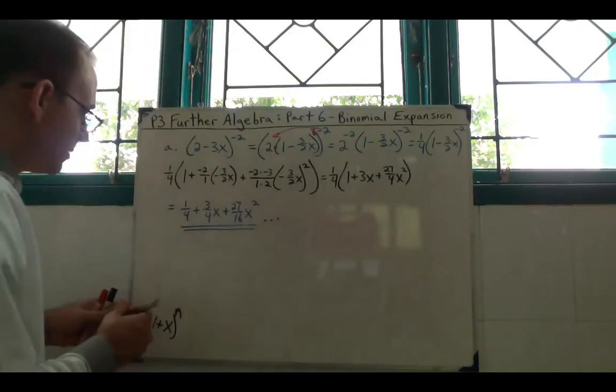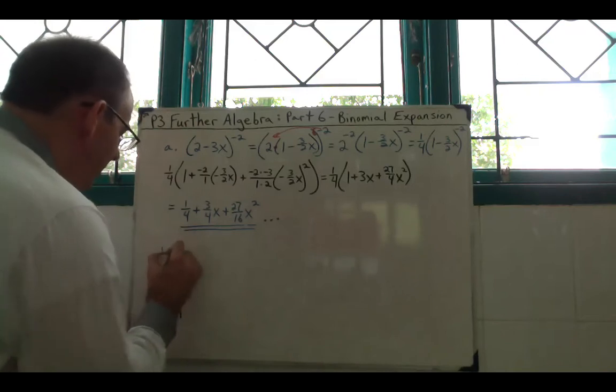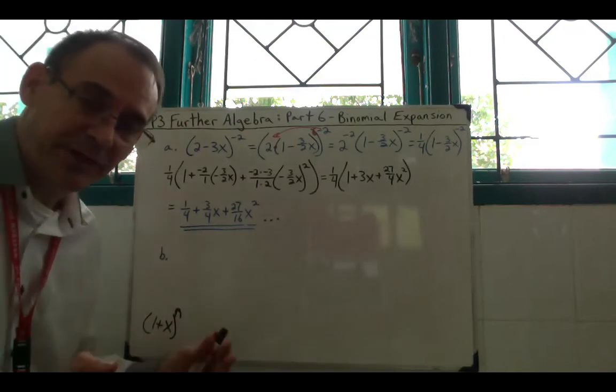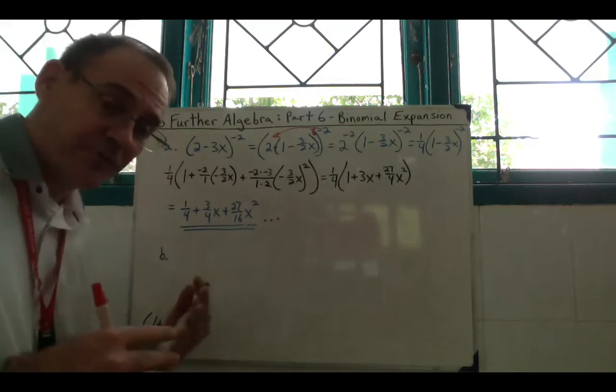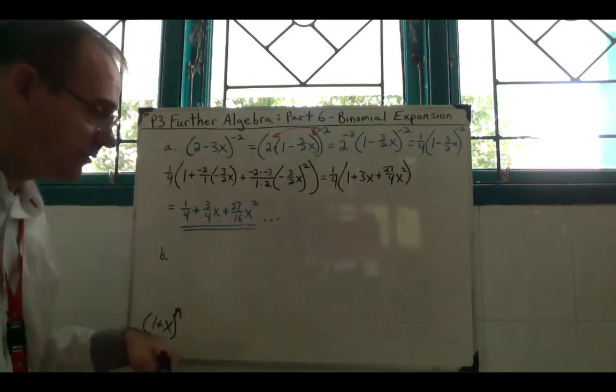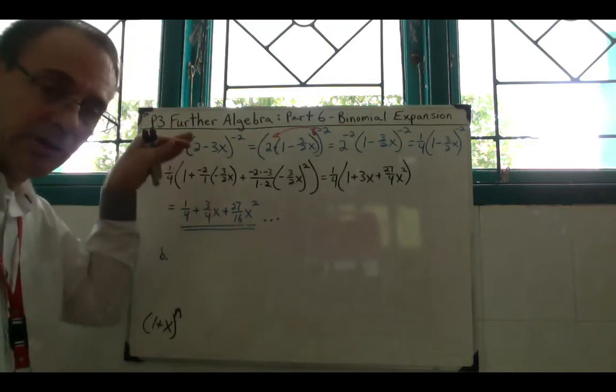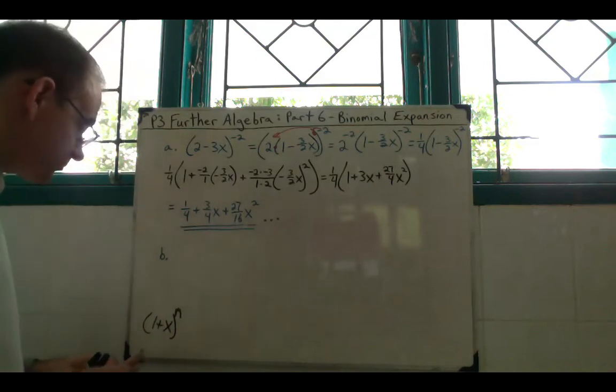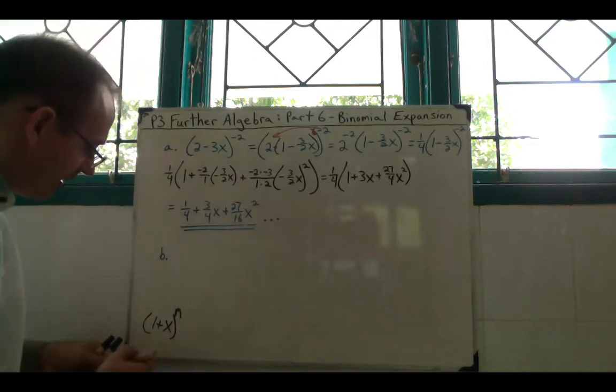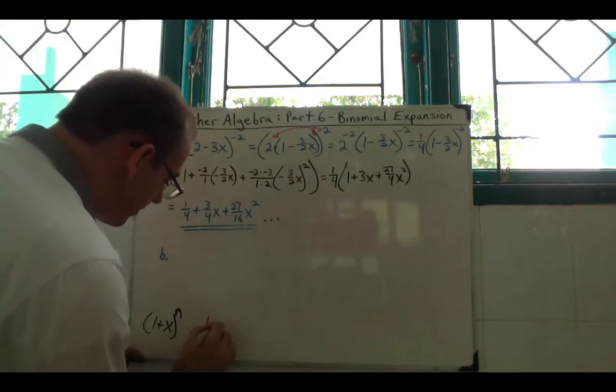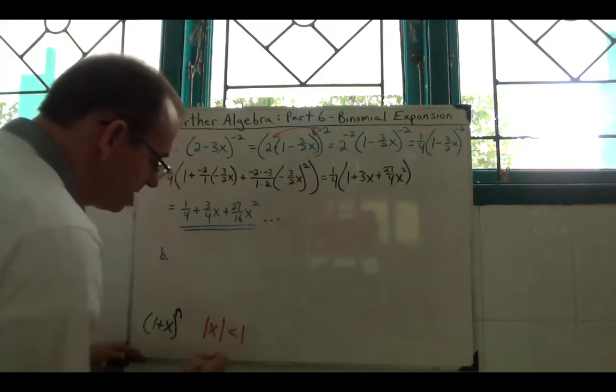So that was part B. Part B was basically to verify or find the set of values where this would still be an accurate representation of the original. So this here comes with the absolute value of x less than 1.